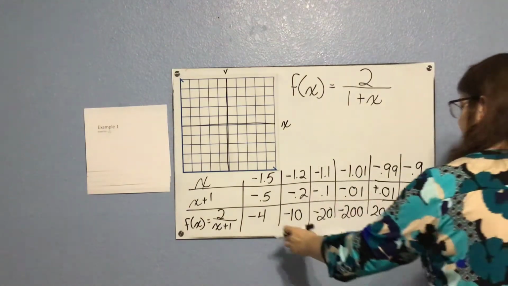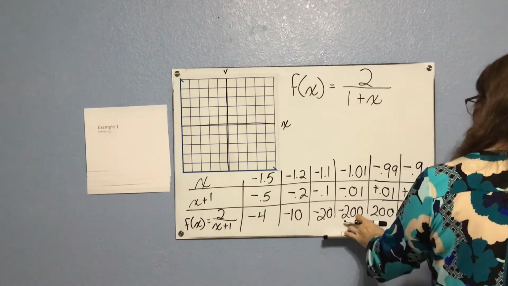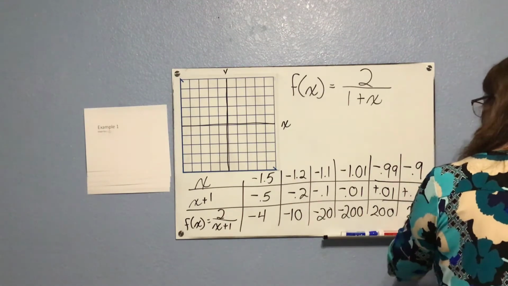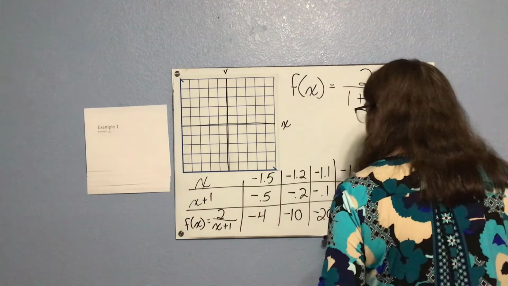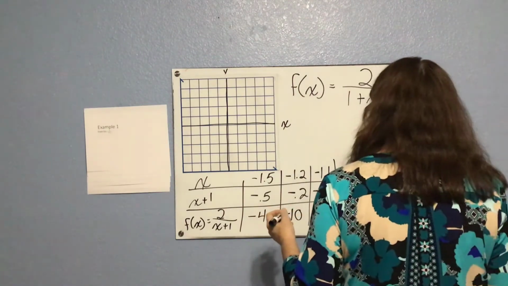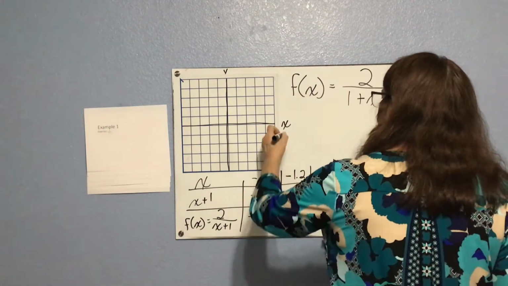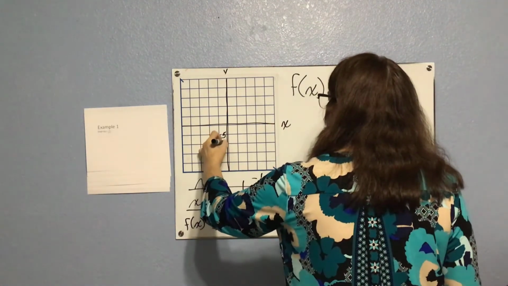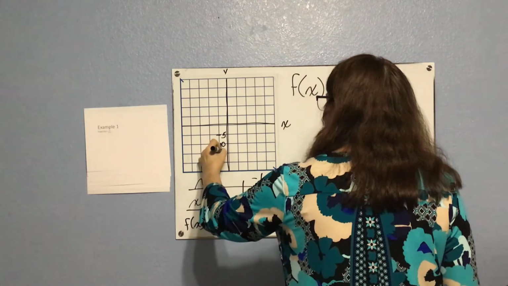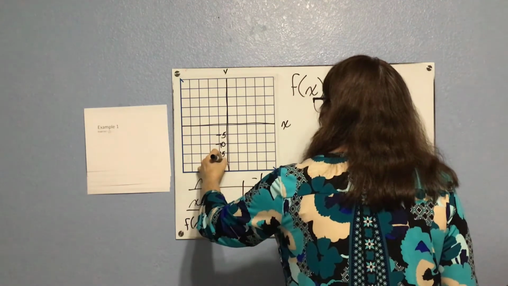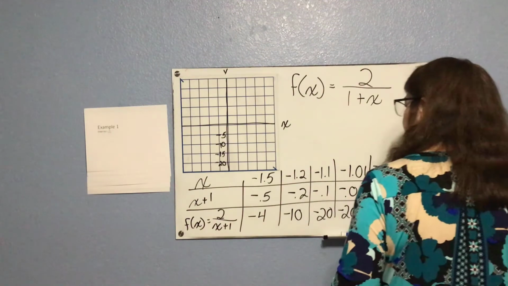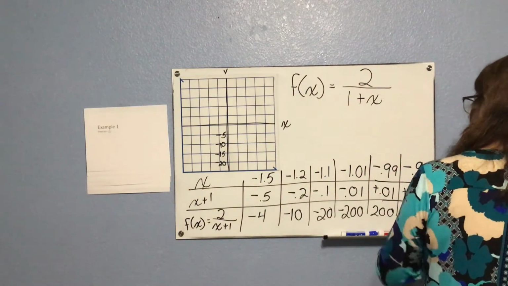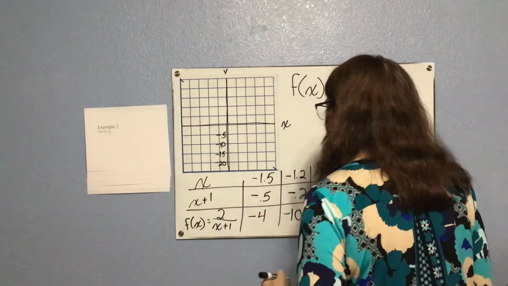My values of y go from negative 200 as the largest one, which is not going to go on my graph. 20 and negative 20 probably are the easiest ones to put on the graph, so we'll go negative 5, 10, 15, 20. And my values of x are between negative 1.5 and negative 0.9.